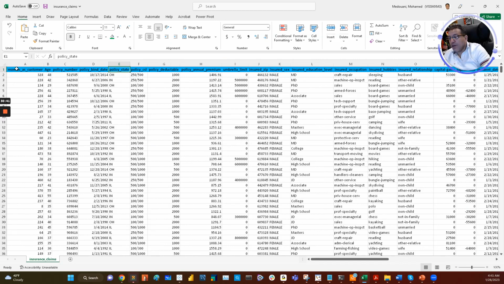So we are going to find the correlation between month as a customer as X1 and age as X2. And if they have a value closer to 0, then we are going to leave them. If the value of this correlation is greater than 0, then we need to determine which one to keep based on how close this value is to -1 or 1.